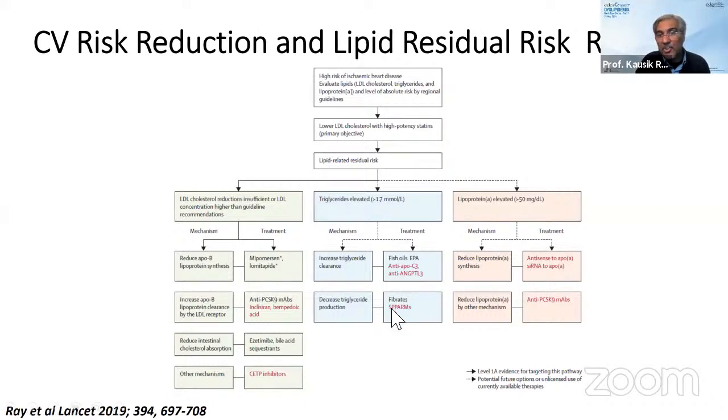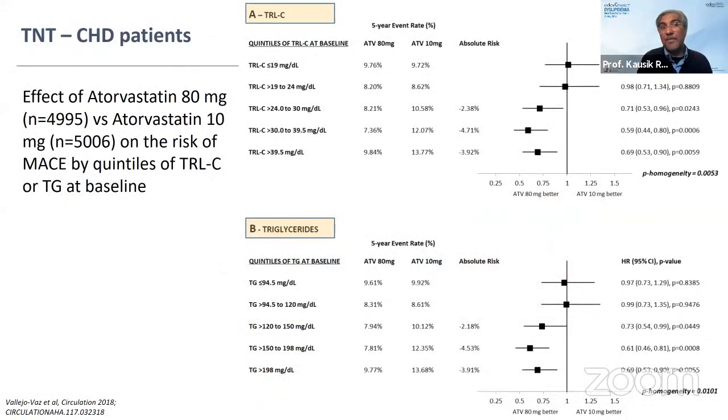Well, we potentially could target synthesis with fibrates. And we believe to some extent that fish oils, particularly high-dose fish oils, could reduce triglyceride and improve outcomes. I won't touch on Lp(a) because we don't have those outcome studies yet, but those are ongoing. But we do have some evidence for what to do in people with high triglycerides.